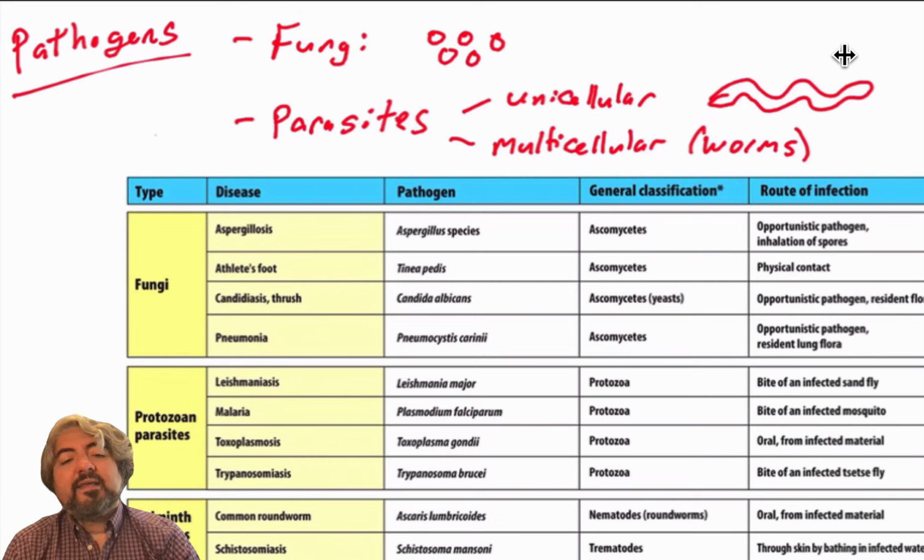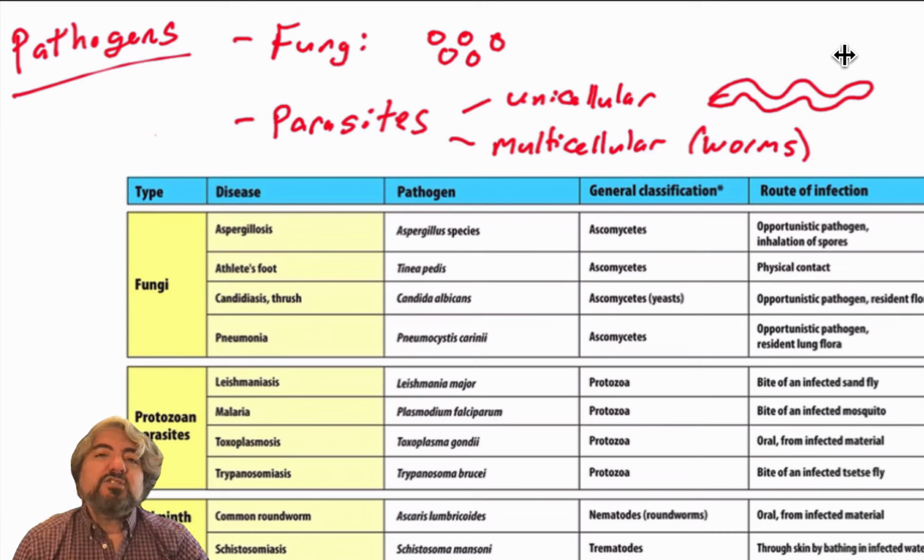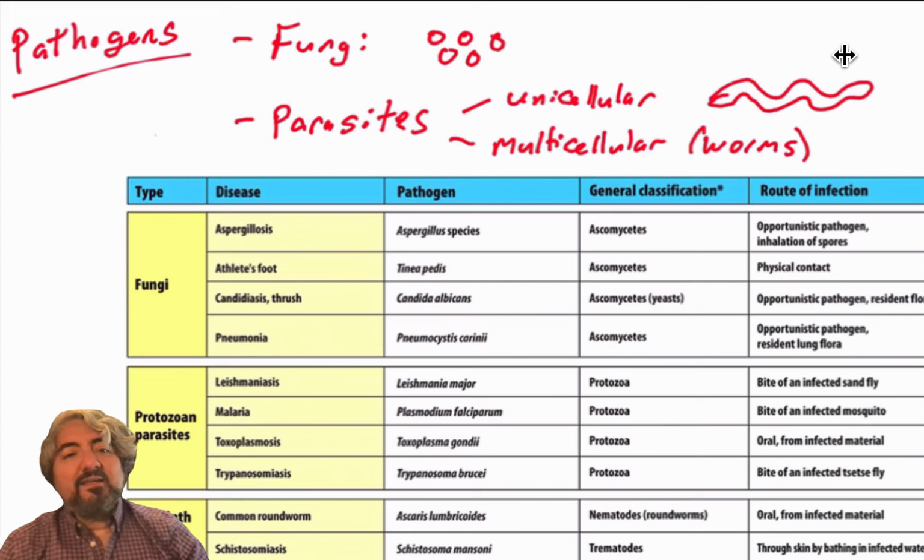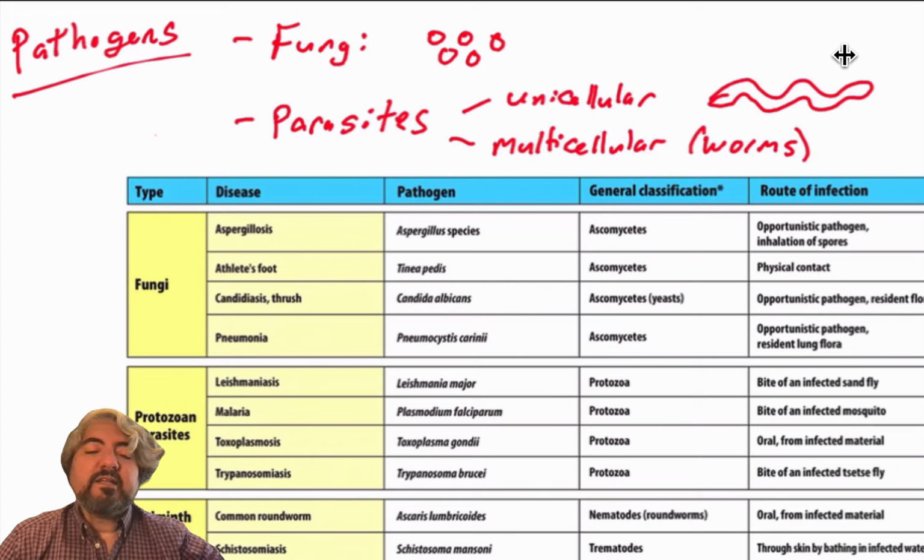Organisms that cause things like malaria, the Plasmodium pathogen, or Leishmania, protozoa. In general, they tend to be more complicated eukaryotes than just single-celled fungi. We also have more multicellular organisms like nematodes, roundworms, schistosomiasis.